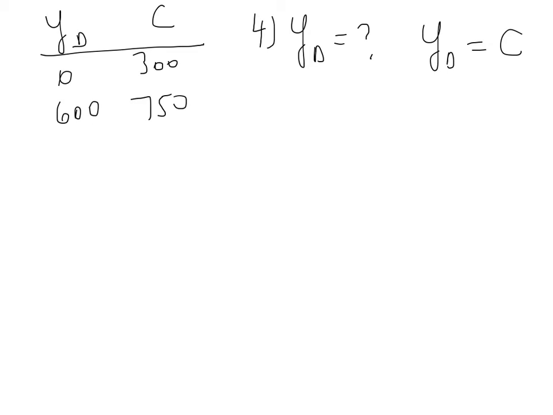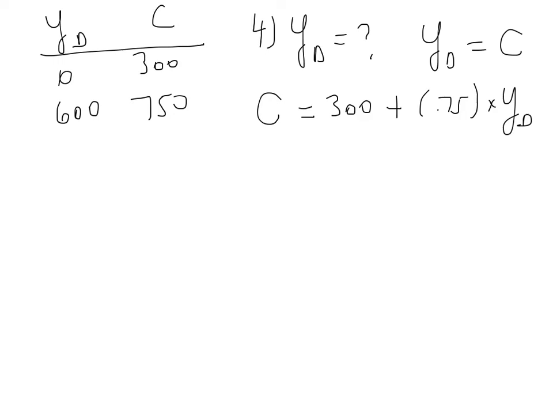I have no savings. So let's see, from the previous page we have the general consumption function: C equals A, which was 300, autonomous consumption, plus 0.75 times YD. That's my general function for consumption.